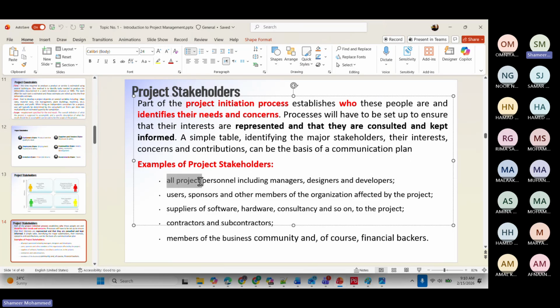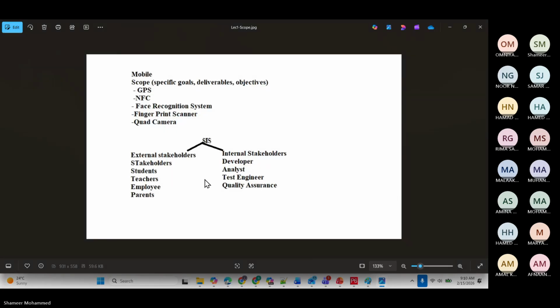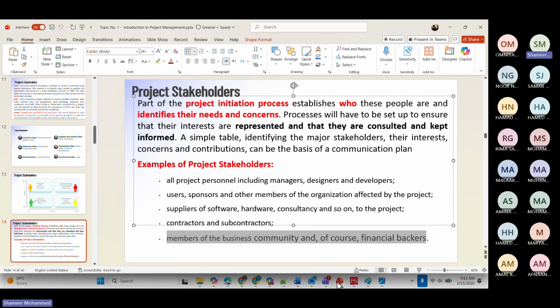These are the people who are included. And these are the other people: suppliers, contractors, financial members, sponsors. So they have given these examples. Who are the stakeholders?